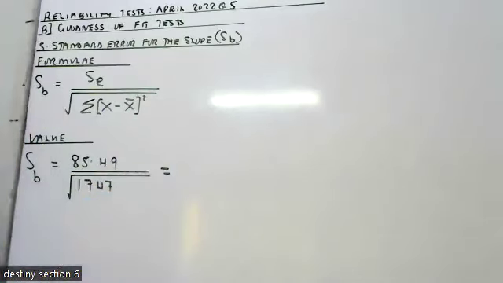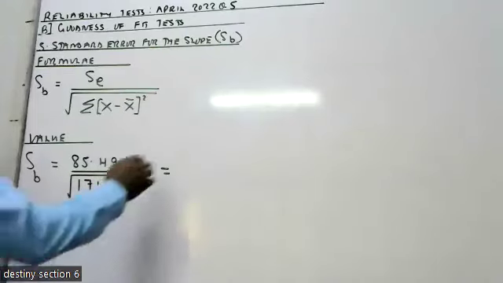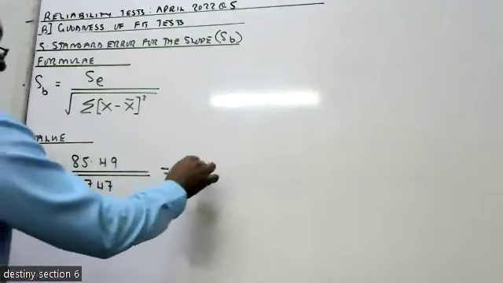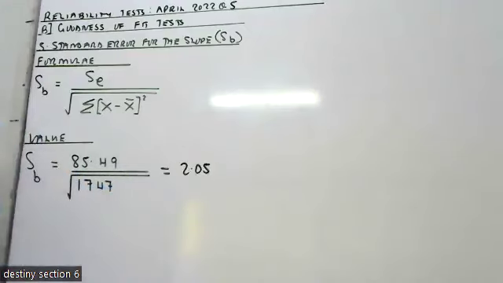So 85.49 divided by the square root of 1747, I'm getting 2.05.